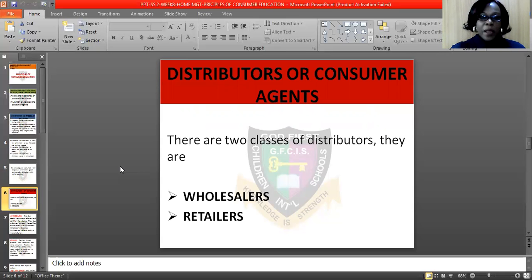Even in economics, we are taught this. In home management, we call them distributors or consumer agents. They are the agents that distribute the goods that the producers are producing.